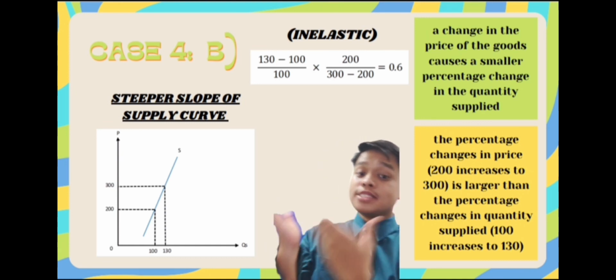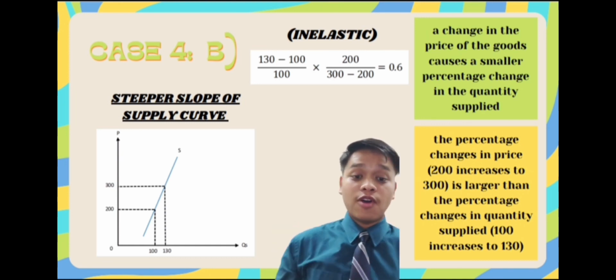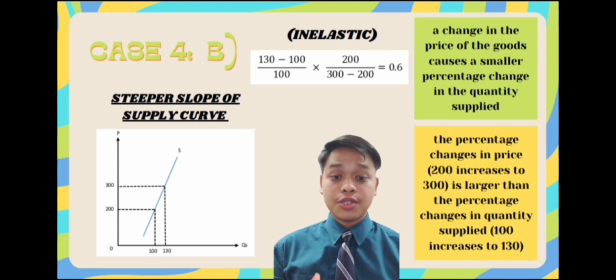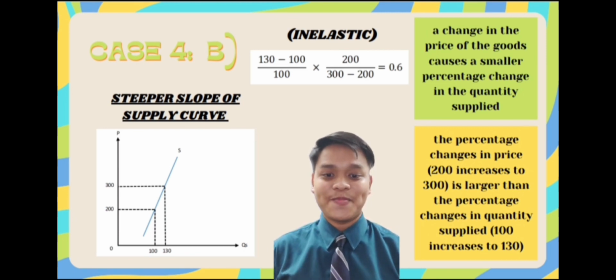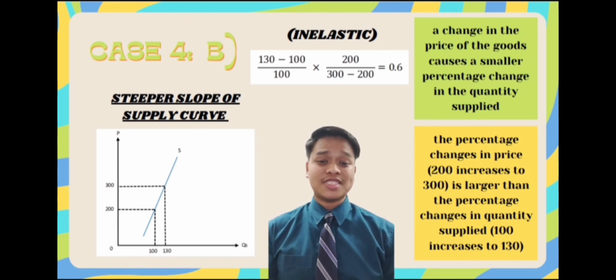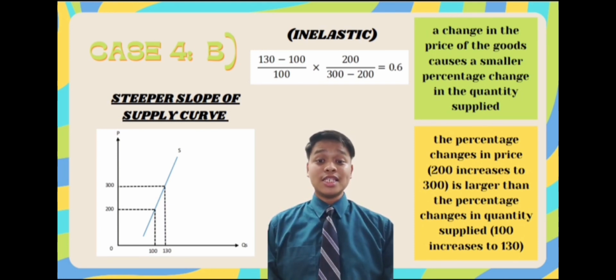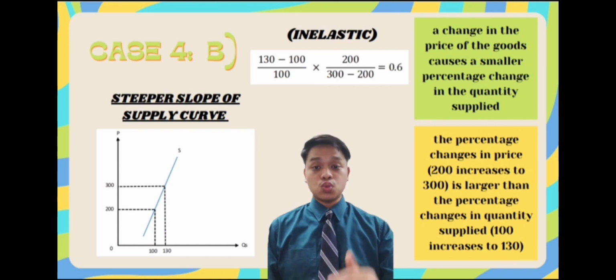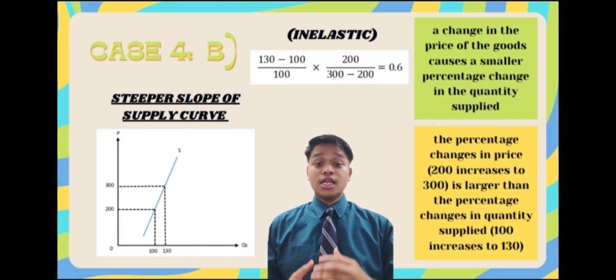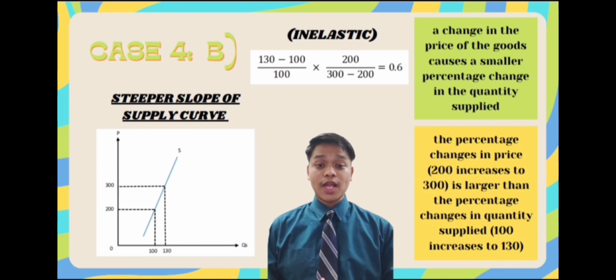So, this is the supply curve for inelastic, and the name is steeper slope of supply curve. A change in the price of the goods causes a smaller percentage change in the quantity supplied. The percentage change in price, 200 increasing to 300, is larger than the percentage change in quantity supplied, 100 increasing to 130.